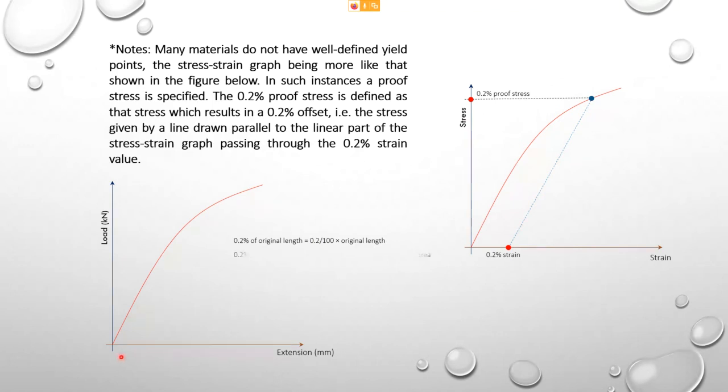So from here, you have 0.2% of the original length, that means it's 0.2 mm. From that point, draw a line until it touches this. You get a point, and then you draw across. Then you get this as the proof load. If you take this force divided by the area, you must get this amount of stress, theoretically.